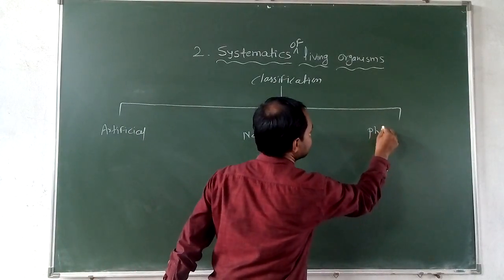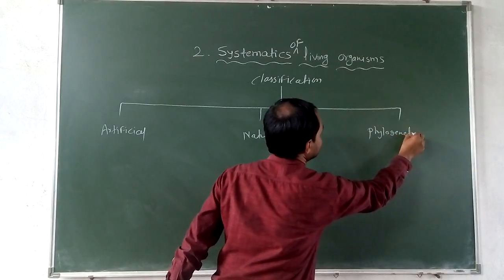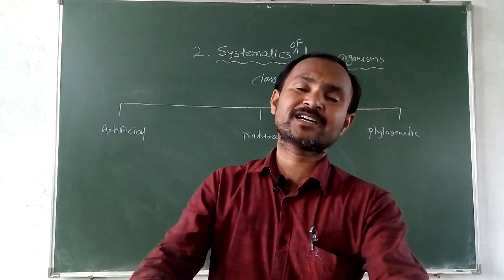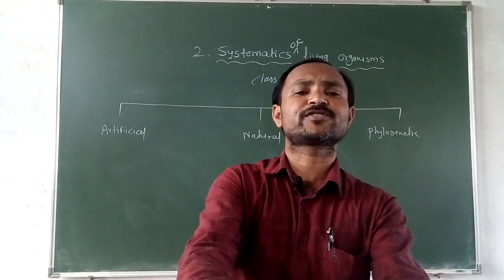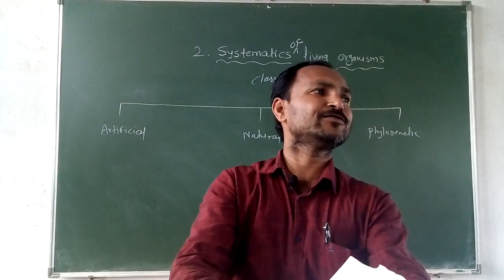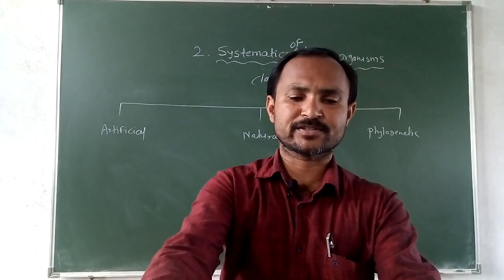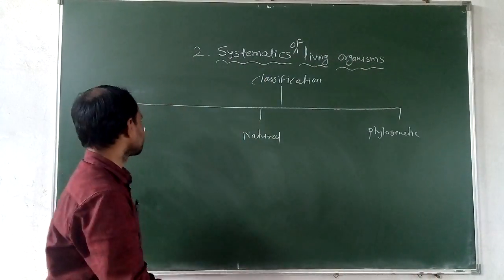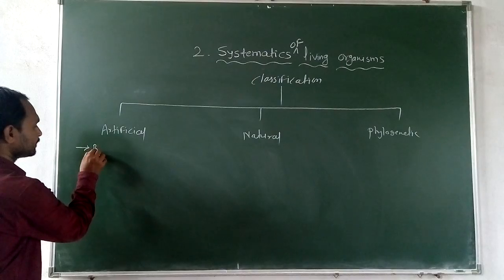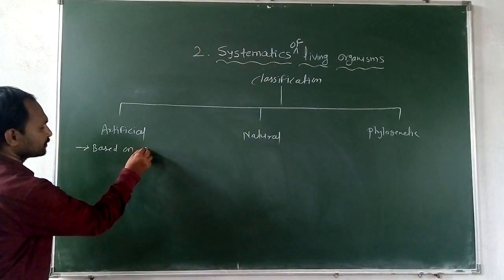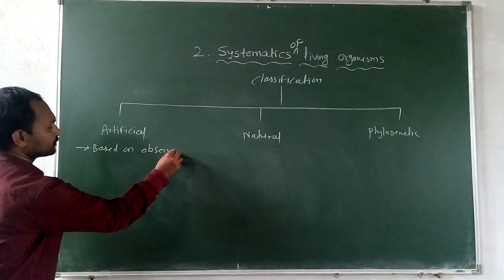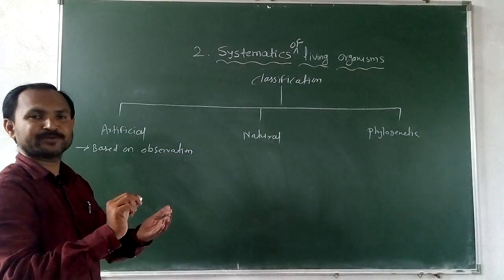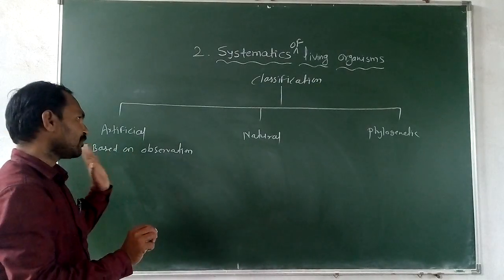First, artificial classification means what? This is the classification which is based on our observation and non-evolutionary features. This classification is based on observation of plants, observation of animals, and then noting down the characters of those animals and plants. That is simply observation.